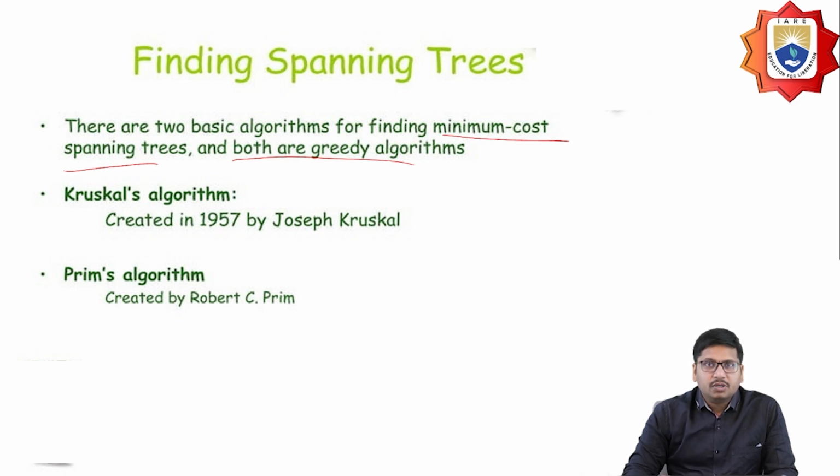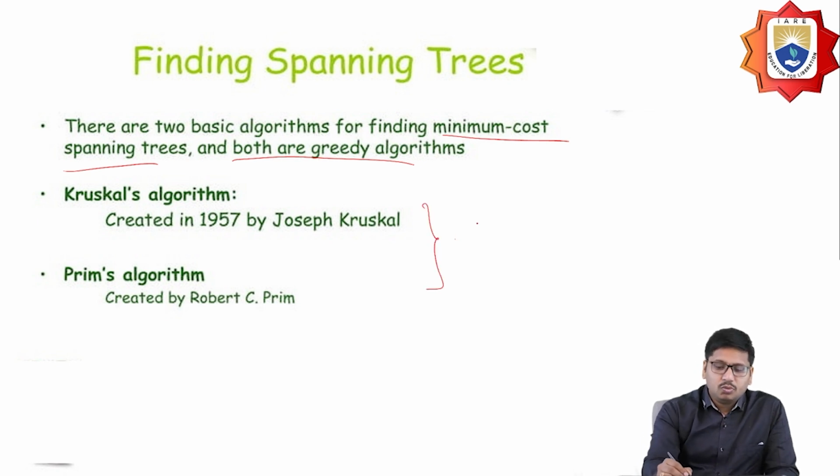Kruskal's algorithm was invented by Joseph Kruskal in 1957, and Prim's algorithm was invented by Robert C. Prim. So these two algorithms are used for finding the minimum spanning tree.